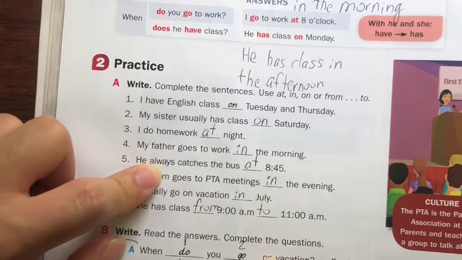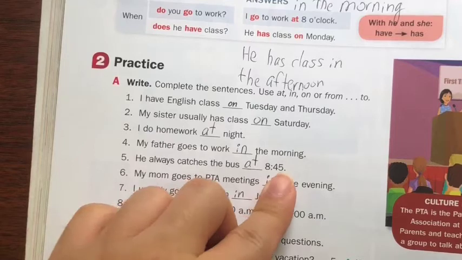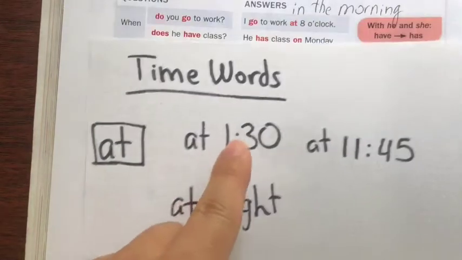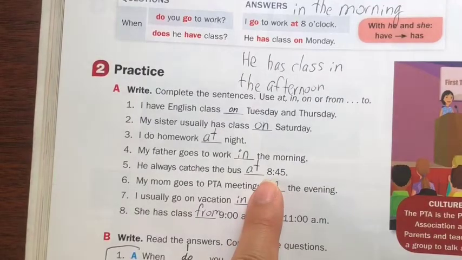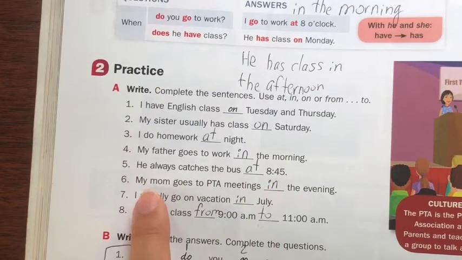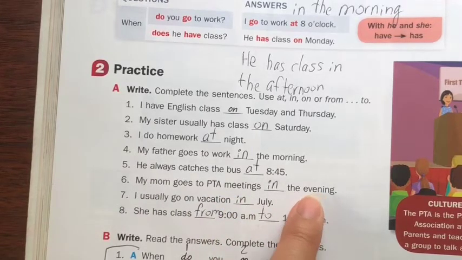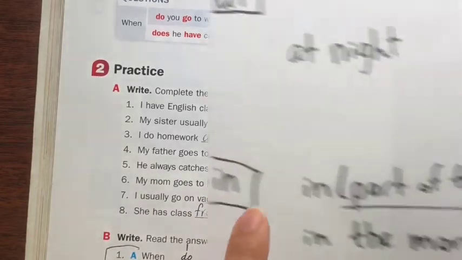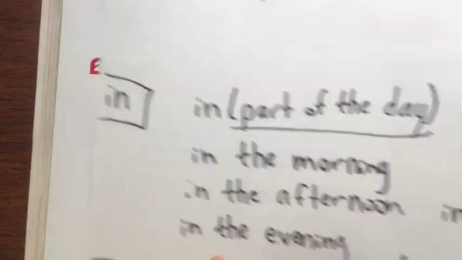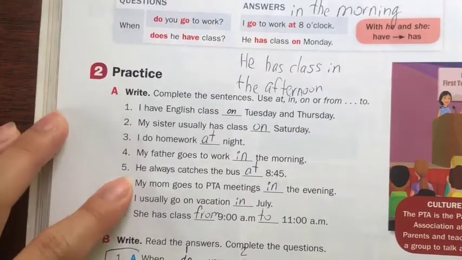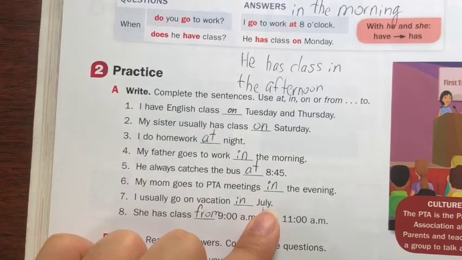5, he always catches the bus 8:45. 8:45 is a time, so we say at 8:45. 6, my mom goes to PTA meetings in the evening. The evening is a part of the day, in the evening. 7, I usually go on vacation July.